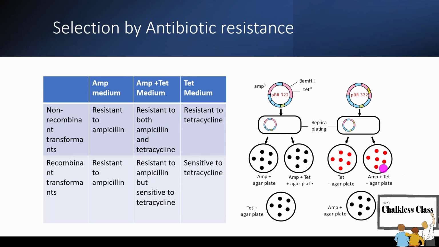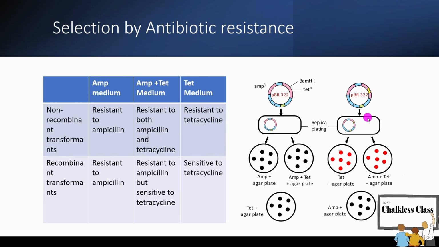They can show resistance to ampicillin because the ampicillin resistance gene is not damaged, but the tetracycline resistance gene is disturbed, so it cannot withstand the action of tetracycline, and those host cells will die. So when recombinant transformants are transferred to the tetracycline and ampicillin-tetracycline containing media, they cannot survive.